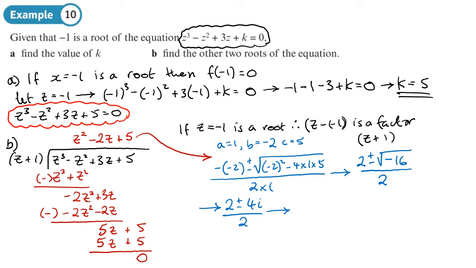So we end up with 1 plus or minus 2i. So now we can finish this off by writing all of the roots. The other two roots are 1 plus 2i and 1 minus 2i. So we get both roots.